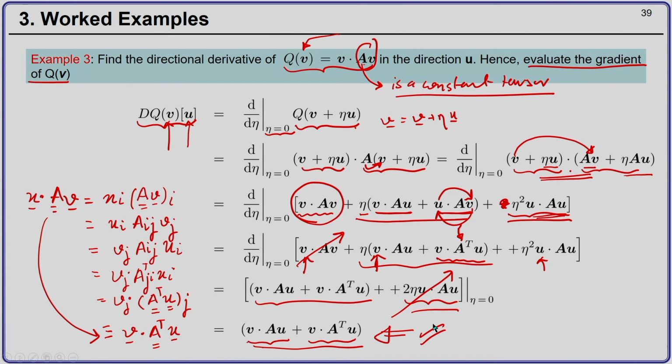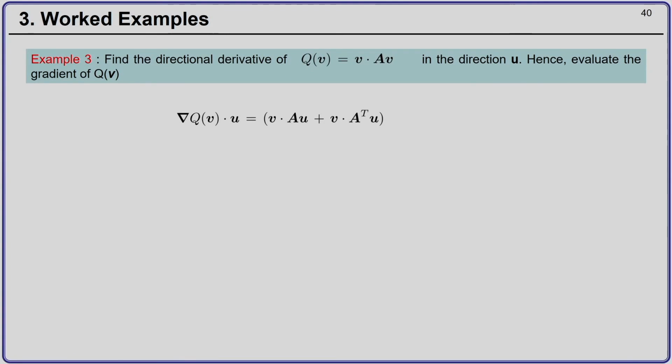Now, we have been asked to compute the gradient. To compute the gradient, we note that the gradient of q at v in the direction u is nothing but your directional derivative, which is v dot A u plus v dot A transpose u.